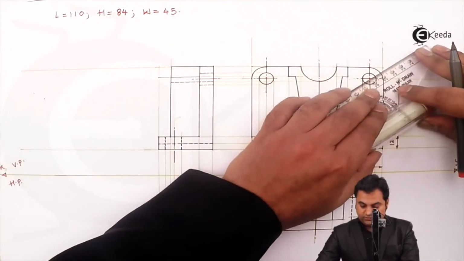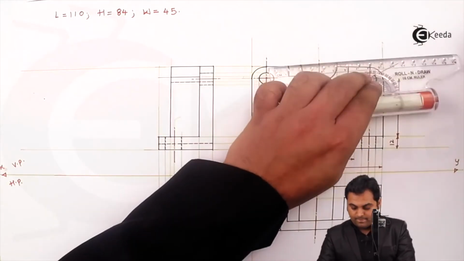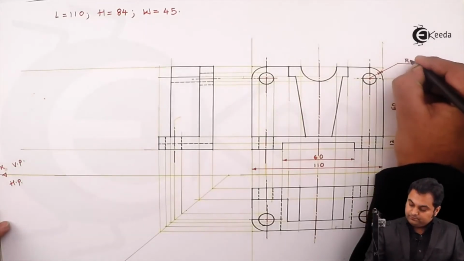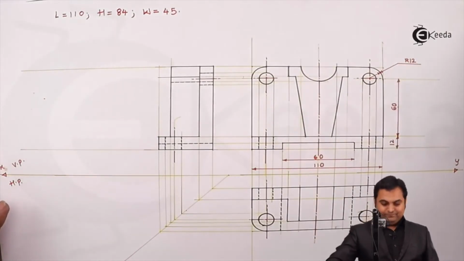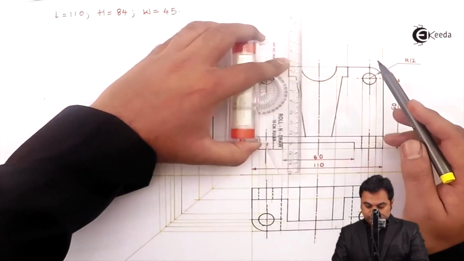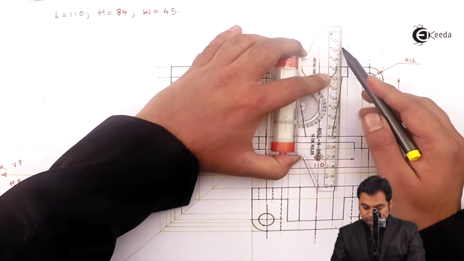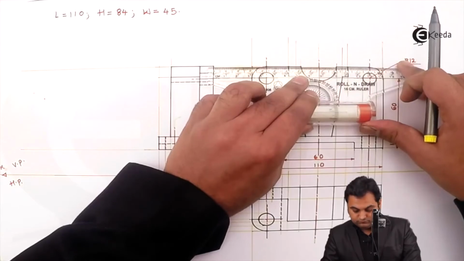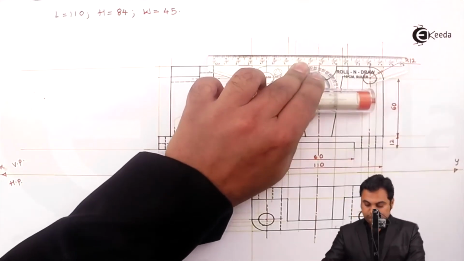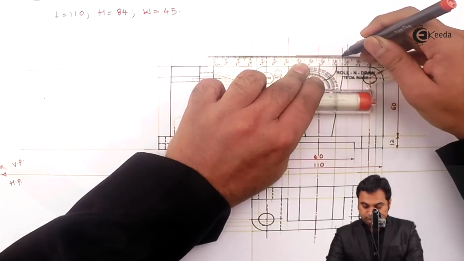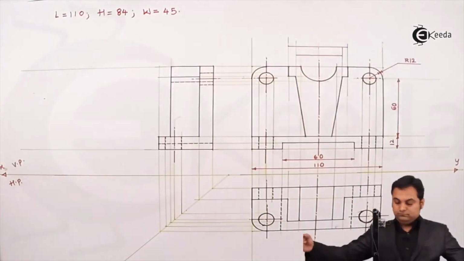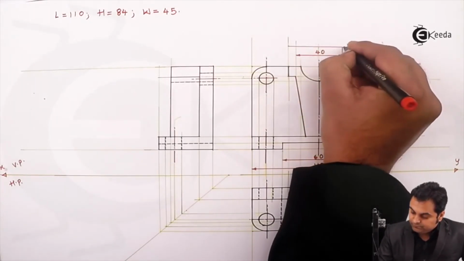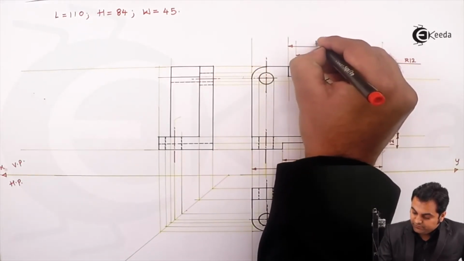Then the radius of the quarter circle, it is 12 mm. I'll mark the length here. Here this length is 40 mm, and over here it is 50 mm.